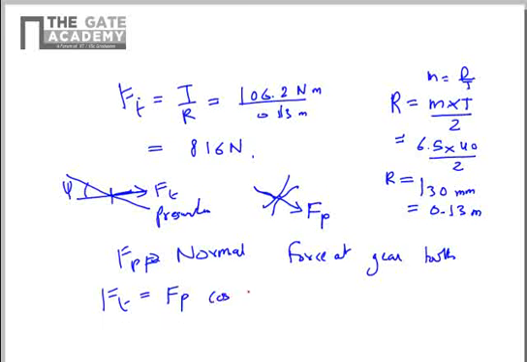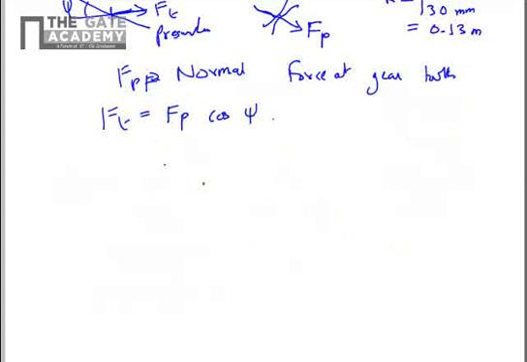Ft will be equal to Fp cos xi, because Fp, the normal force at the meeting point, is the originator of the force transmission.